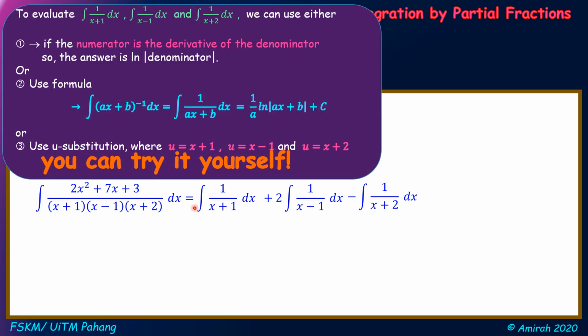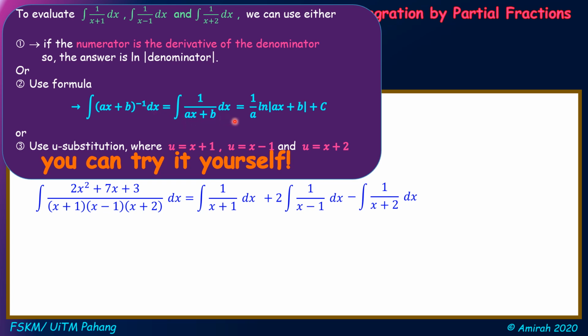And then from here, to evaluate the integration of 1 over x plus 1 dx, 1 over x minus 1 dx, and 1 over x plus 2 dx, we can use either method 1, if the numerator is the derivative of the denominator, so the answer is ln denominator. Or we can use this formula: when we move the denominator to the numerator, we get bracket to the power of negative 1.